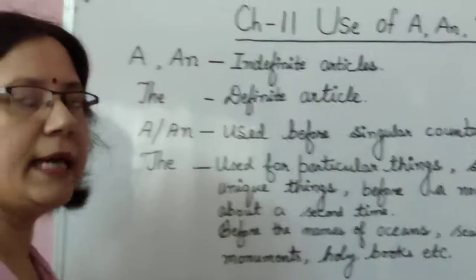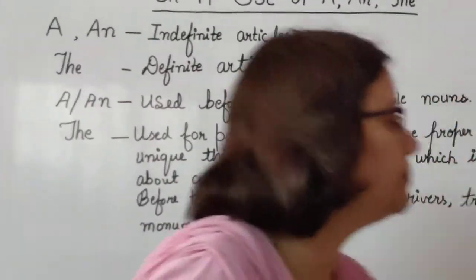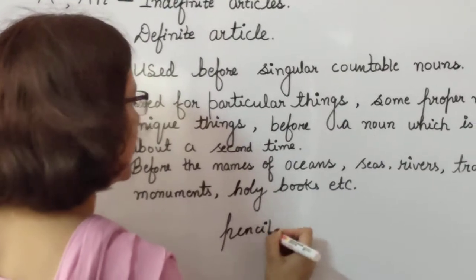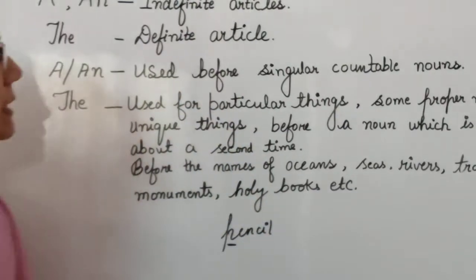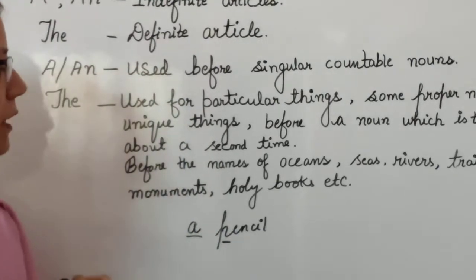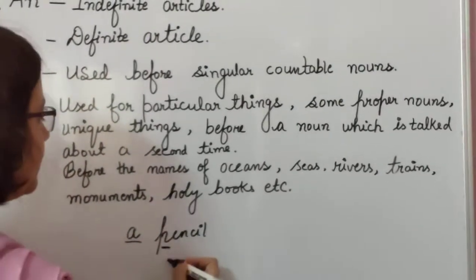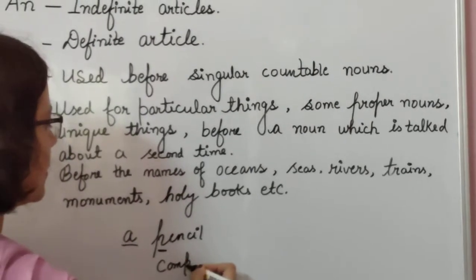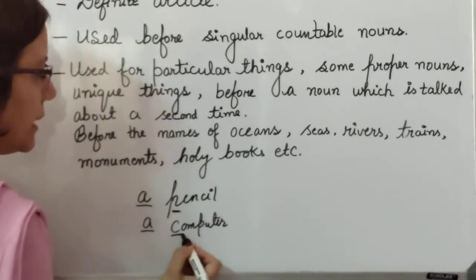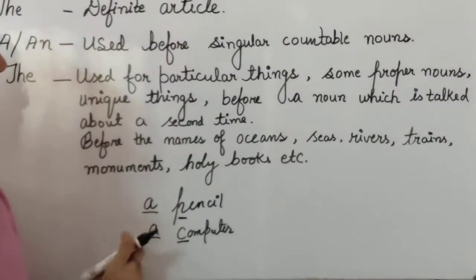Like if we are saying pencil, pencil starts with P. The sound is P. So here we will use a pencil. And again we can see computer. What is the sound here? See, this is consonant. So we are using a pencil, a computer.